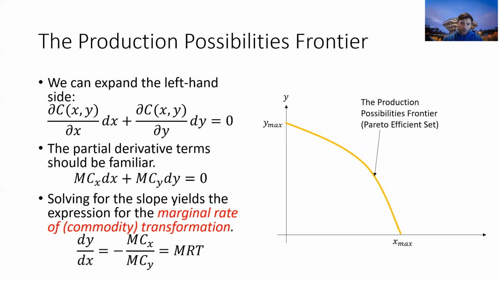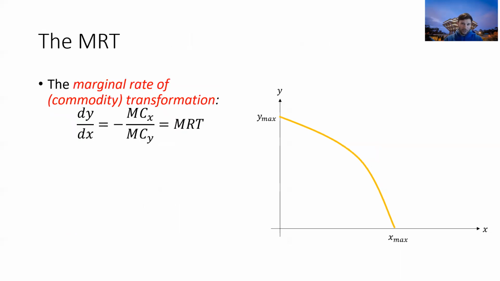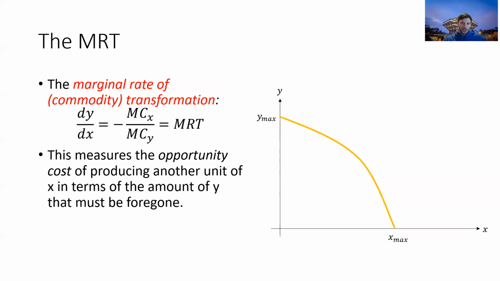Okay, so the slope of the PPF is given to us by the ratio of the marginal costs of producing X relative to Y. And this measure here, the marginal rate of commodity transformation, is exactly the measurement of opportunity cost that you had learned way back in Econ 1.